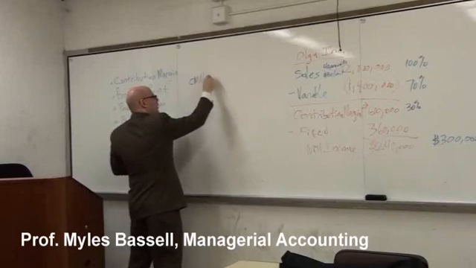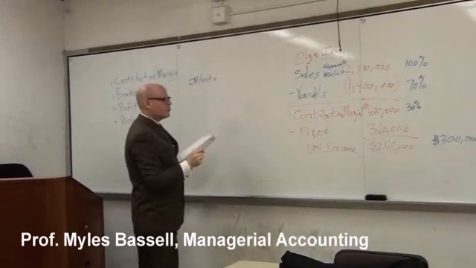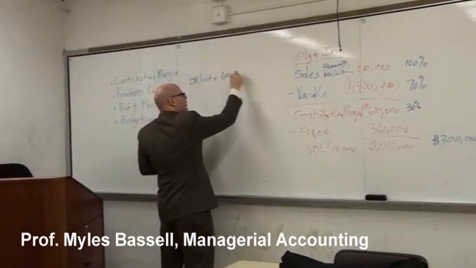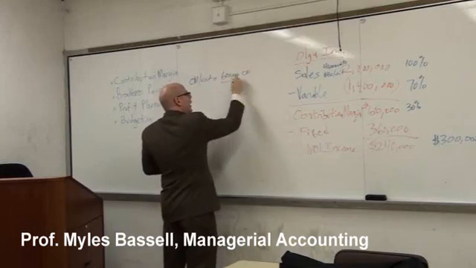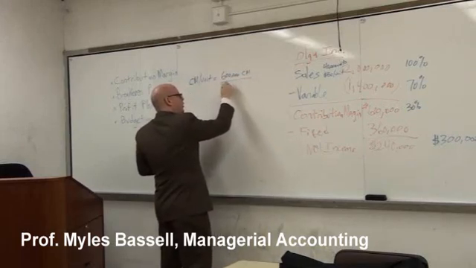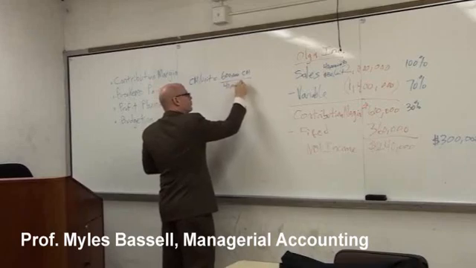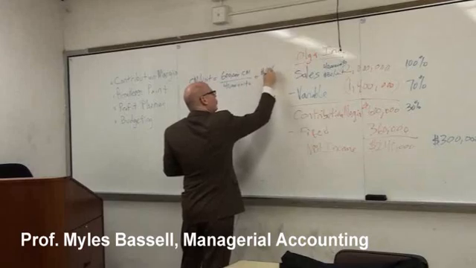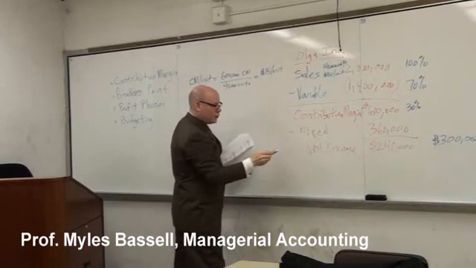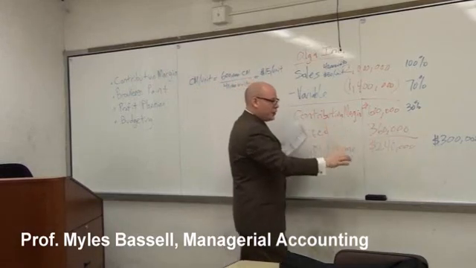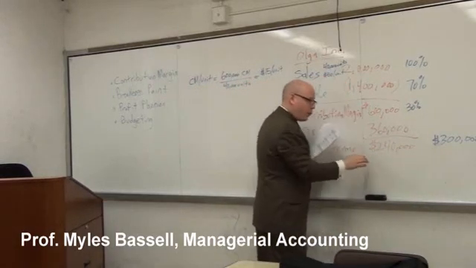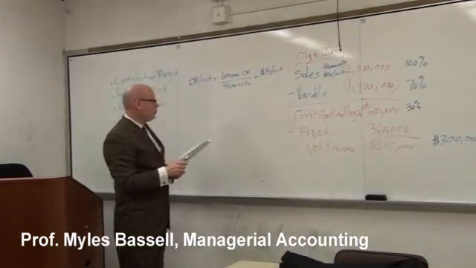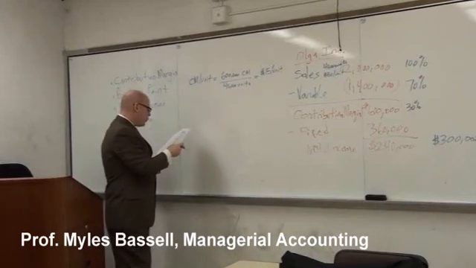Tell us how you got that. 600,000 is the contribution margin, and we divide that by 40,000 units, which gives us $15 per unit. Because remember, what we're trying to determine is what if net income was not $240,000 but $300,000. So then what do we do?